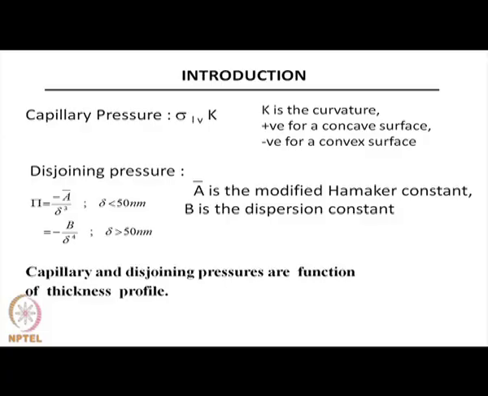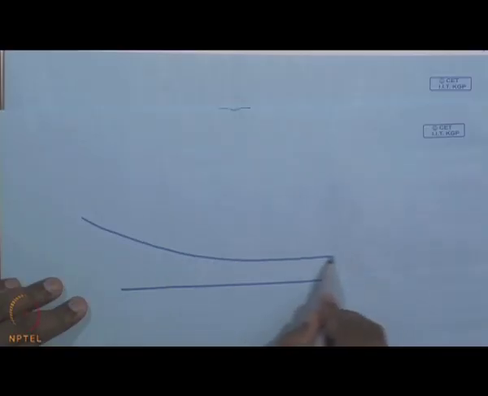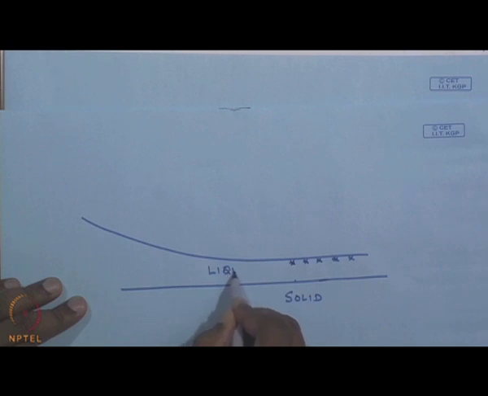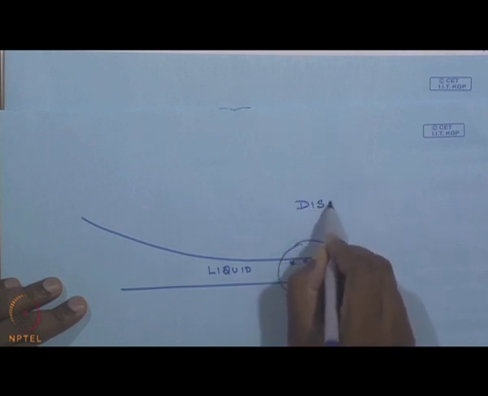This is the excess pressure of a very thin film. Over this very thin portion of the film, the liquid molecules feel an attractive force towards the solid. This attractive force, when expressed in terms of pressure, is termed disjoining pressure.